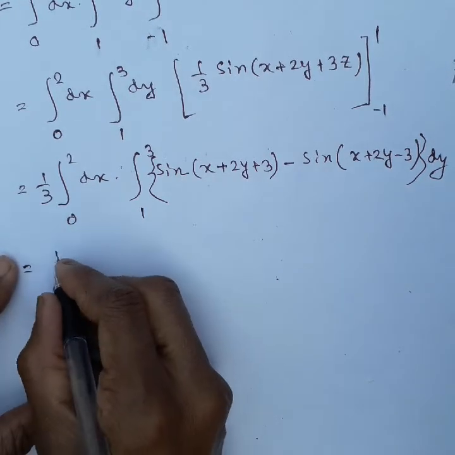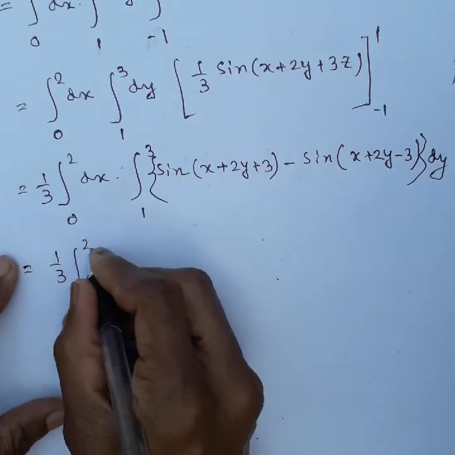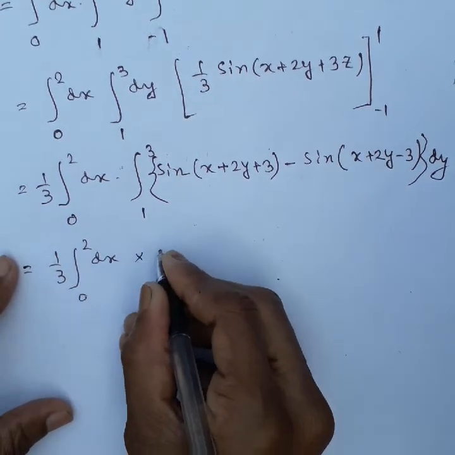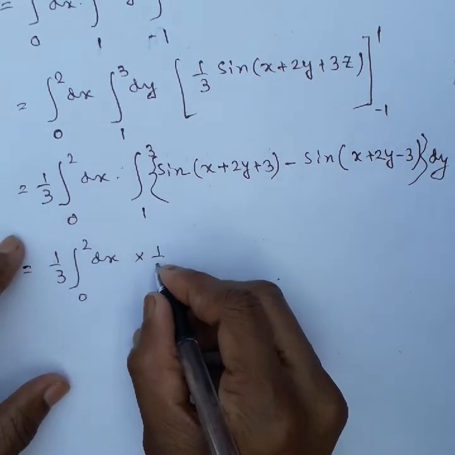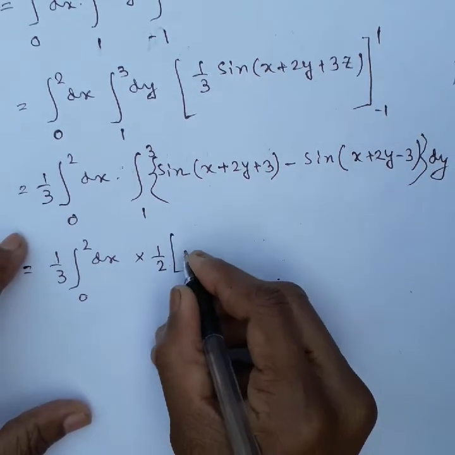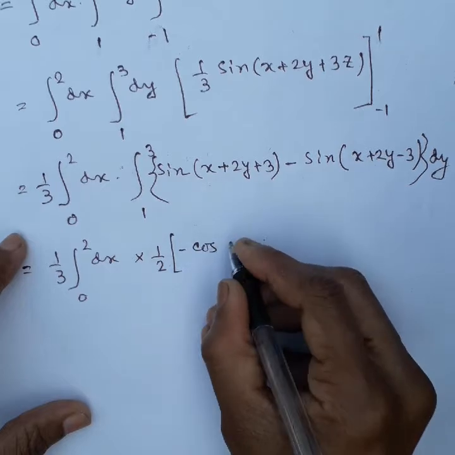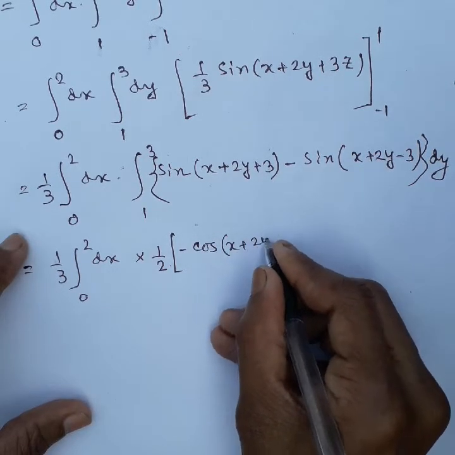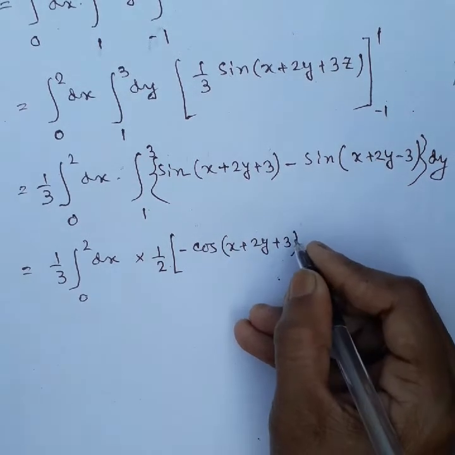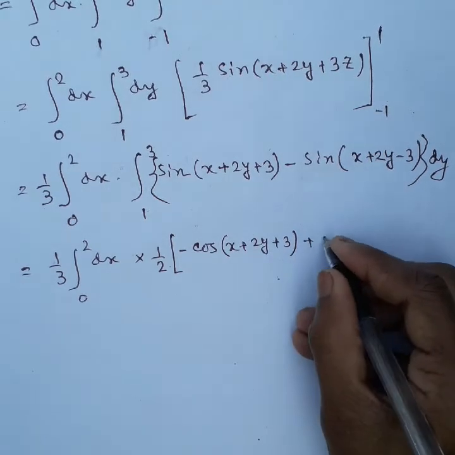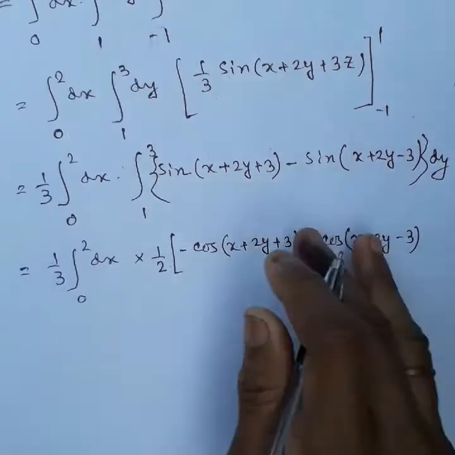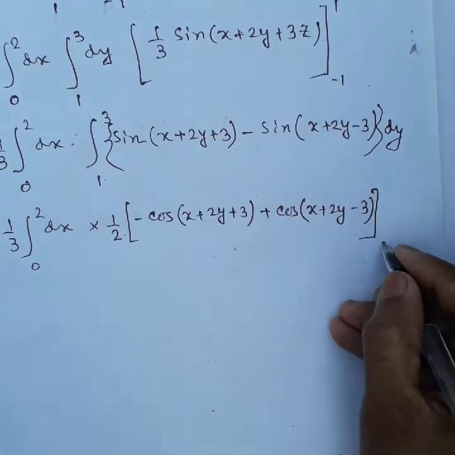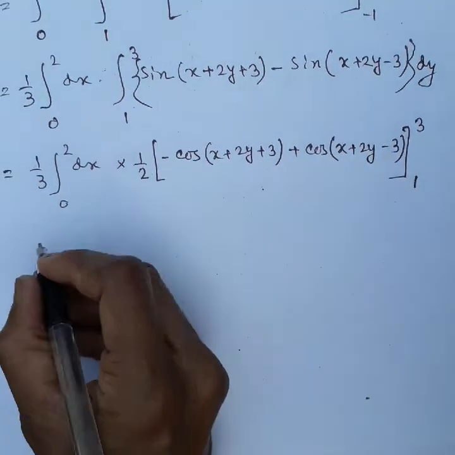That means 1/3 of the integral from 0 to 2 dx. If we integrate with respect to y, this will be half of minus cos of (x plus 2y plus 3) plus cos of (x plus 2y minus 3), taken from 1 to 3.